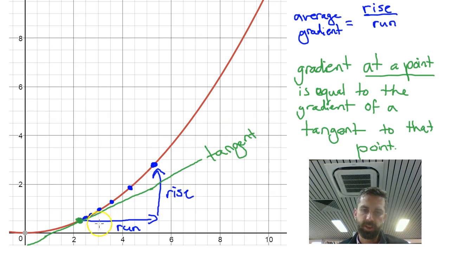Okay, so if we wanted to know the gradient at this point, let's call it A, we could draw this tangent and then we could measure the gradient of the tangent. So we could measure the run and the rise. Now we're back to our original definition of gradient. So if you can draw a tangent to a point, you can figure out the gradient at that point. So that's the key idea that you'll need for today's lesson.